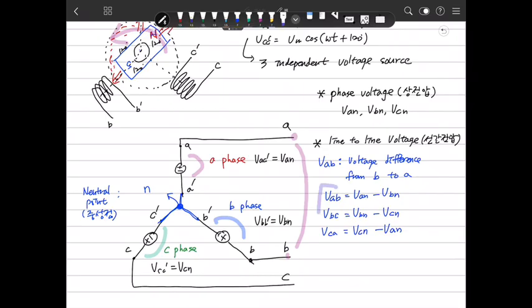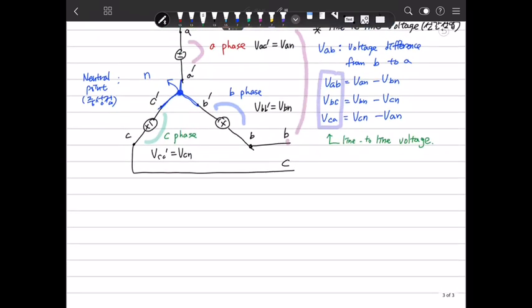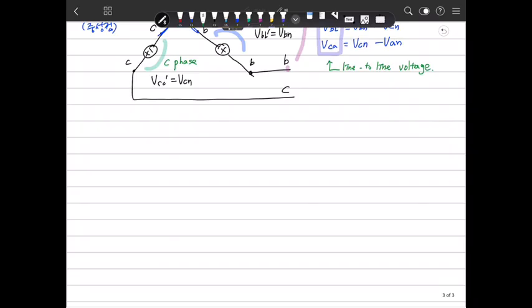So this is the line-to-line voltage. The line-to-line voltage has a very special, very specific characteristic compared to the phase voltage.